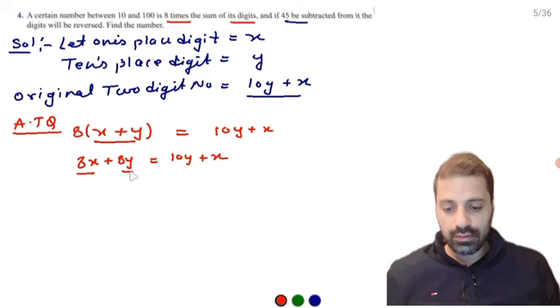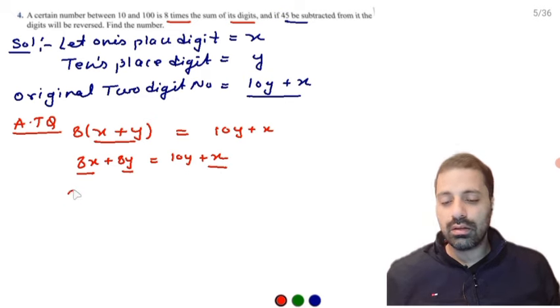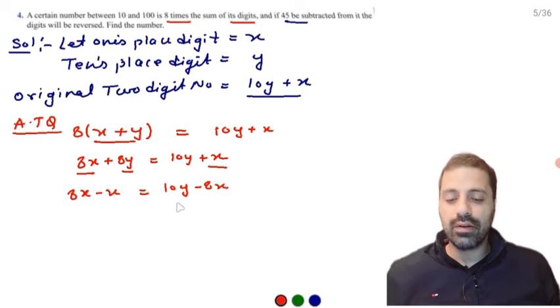Now this 8y goes to the right hand side and this x goes to the left hand side. So we have 8x minus x, and now we have 10y minus 8y.